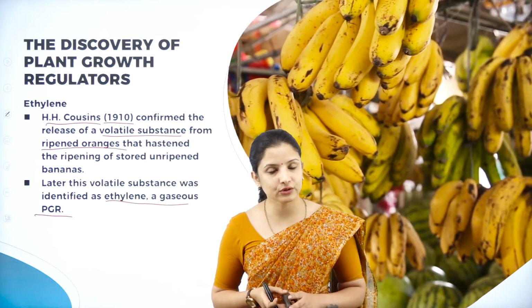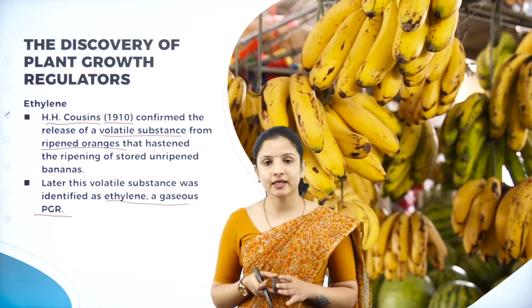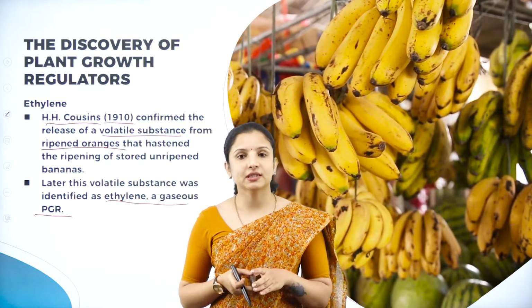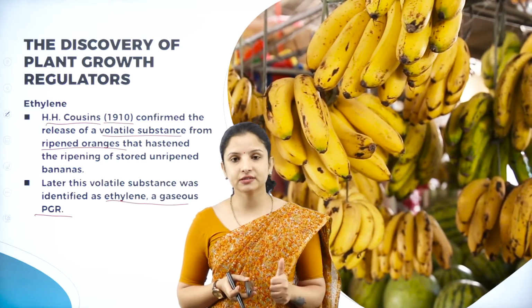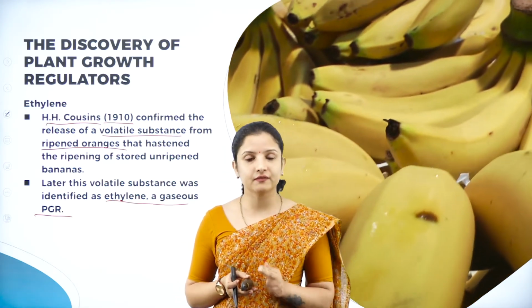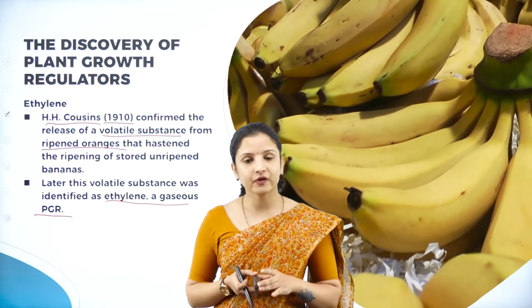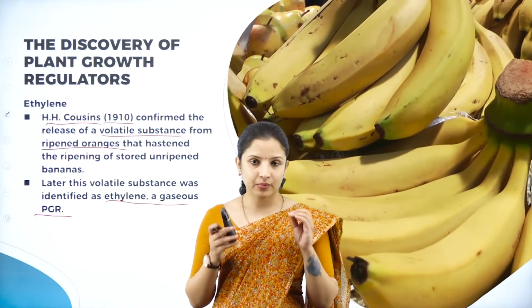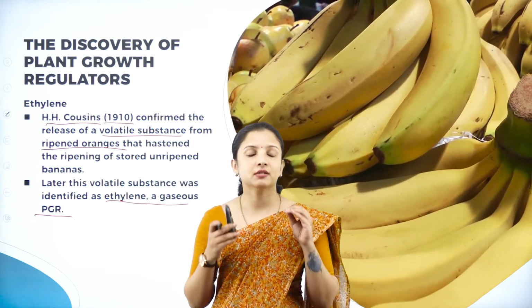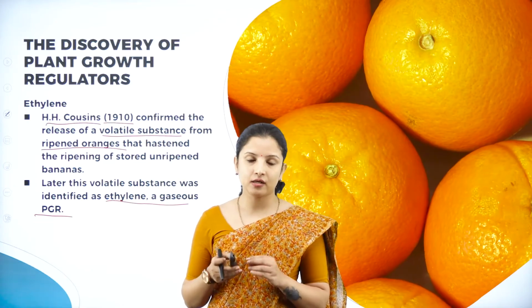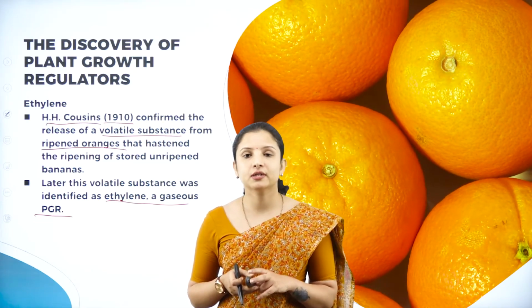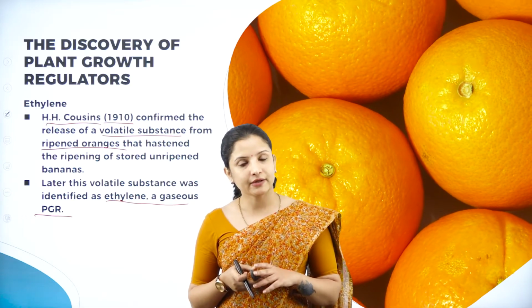So this was about today's session, wherein we studied the 3 important terms in cell division, which are differentiation, dedifferentiation and redifferentiation. We also understood that plant growth or development is always in a sequential manner, and we understood the discovery of the plant growth regulators.